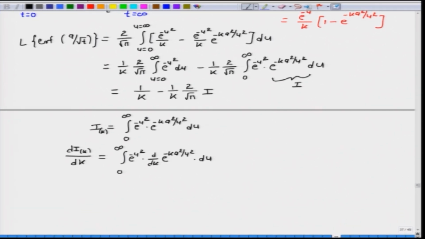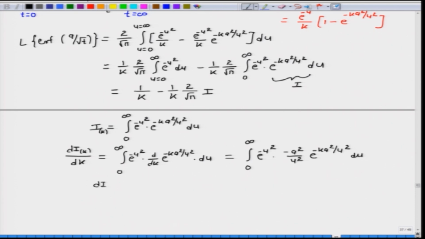And if we evaluate the derivative of e to power minus k a square by u square and substitute, integral 0 to infinity e to power minus u square times minus a square by u square e to power minus k a square by u square du.